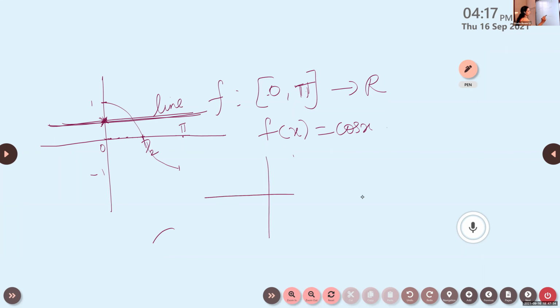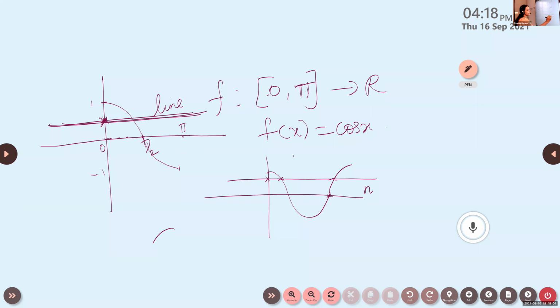Suppose we imagine the curve up to 2 pi. Cos pi is minus 1, then at 2 pi you get 1. If you draw a line, for one particular value we are getting two distinct points, so it is cutting the curve at 2 points.